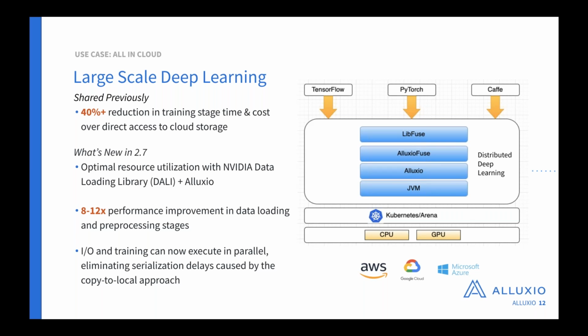Because of the parallelization that the Alluxio platform provides, we've seen significant improvement in the end-to-end time for the training pipeline. And because of the I/O efficiency that Alluxio provides, GPUs are now being utilized to the maximum extent, and Alluxio is utilizing CPU on these training instances to make sure that GPUs are fed.